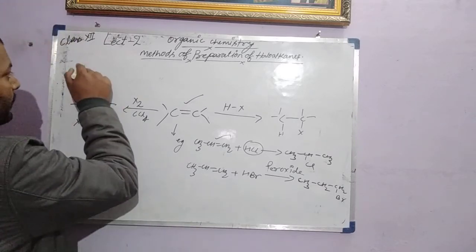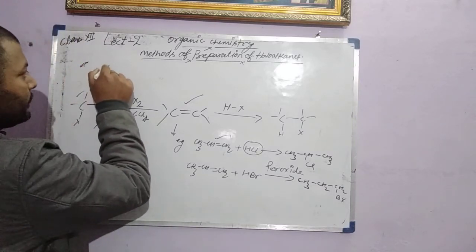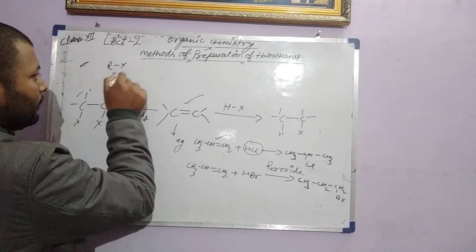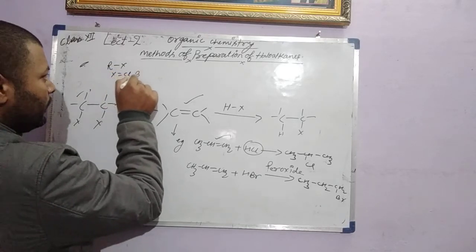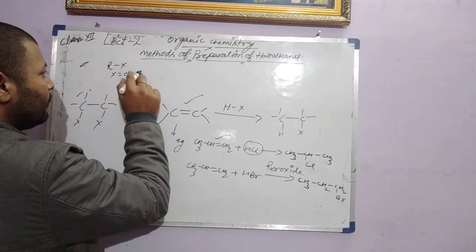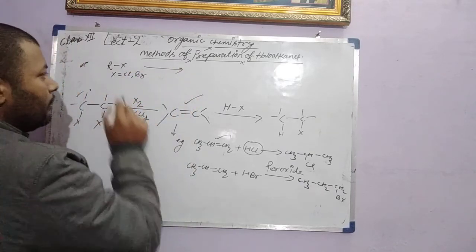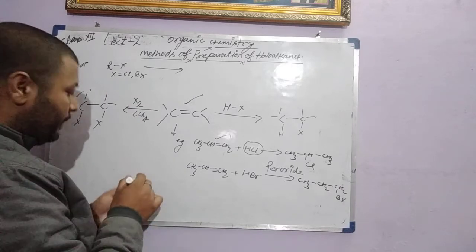Next, the reaction is called the Finkelstein reaction. X may be chlorine or bromine.